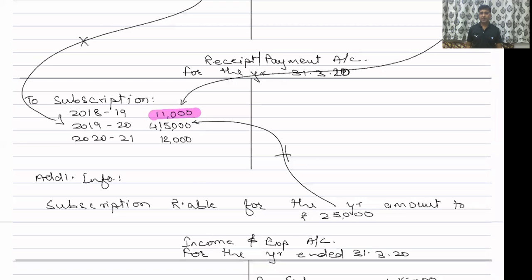How to identify that 10,000 is not included? Arre bhai sahab, when your opening balance sheet itself is showing that there is a pre-received amount, and in the current year it has been given with specific delineation, how much for 2018-19, how much for 19-20, how much for 20-21, then what other clarification do you need?